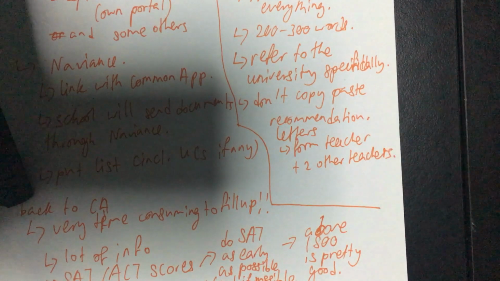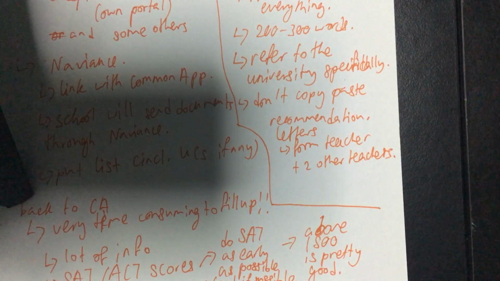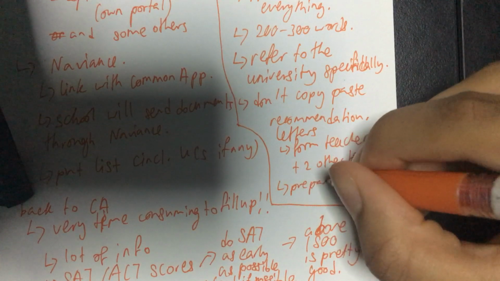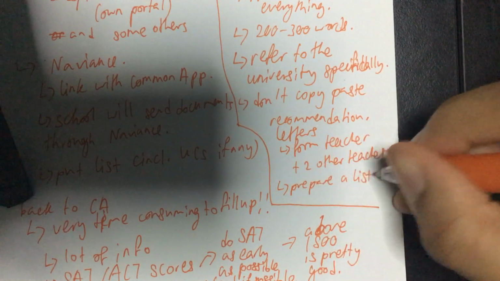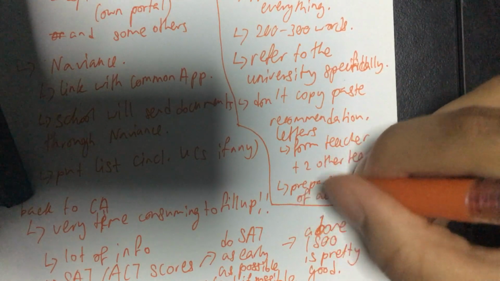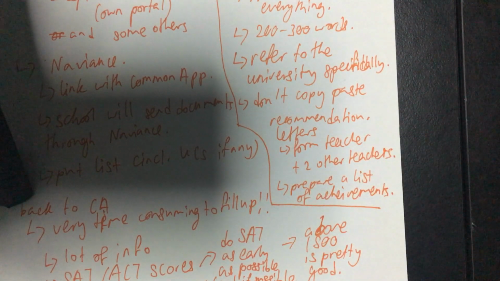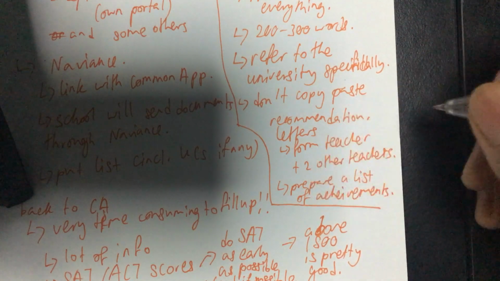Of course, in terms of the recommendation letter, your teacher will ask you to tell them your achievements and things like that. So do prepare that beforehand so that your teacher will have sufficient time to write the letter and then send it via Naviance. After you ask for the letter, you must go to Naviance and request a letter from the teacher there.